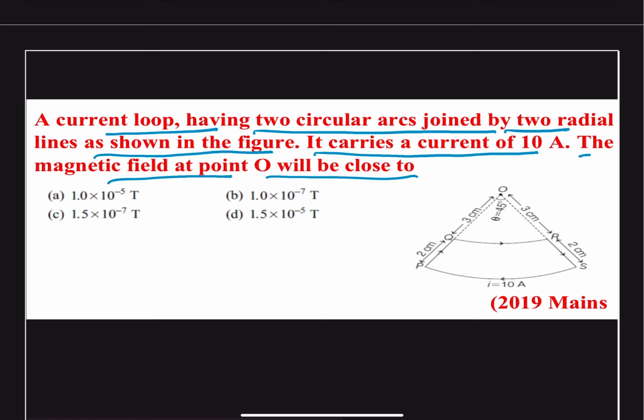Okay, so this is our first arc and joined by some, you can see, radial lines, and the current is flowing in this direction, which is given as 10 ampere. We have to find out the magnetic field at this point O, and here the angle is given as 45, that is our pi by 4.